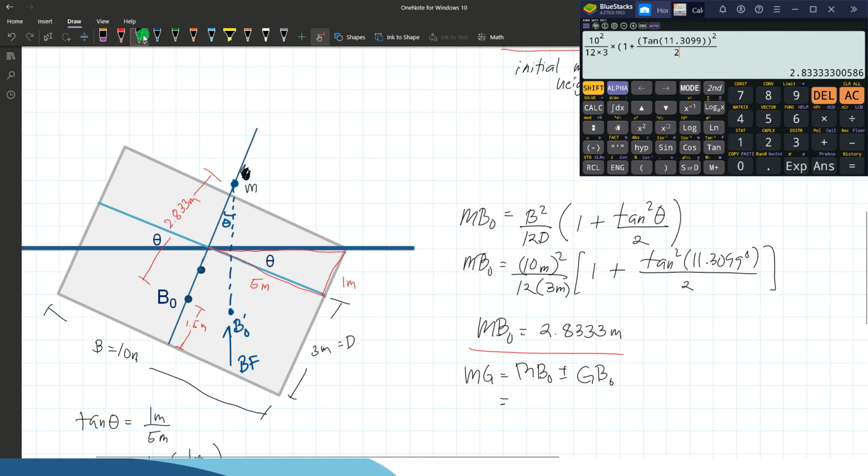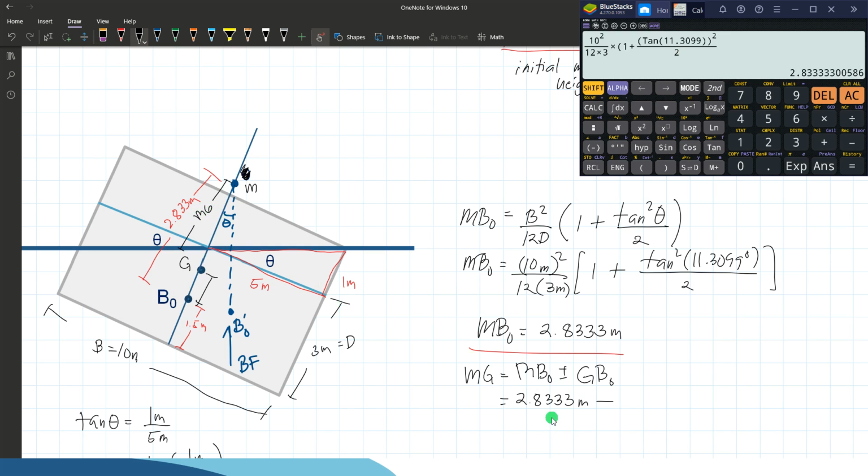From the figure, the metacenter is above the center of gravity, because the center of gravity is 2.5 meters above the bottom. So MBO is 2.833, and if it is above, we subtract GBO. Based on the figure, we have BO, G, M. When you subtract GBO from MBO, what remains is the metacentric height MG.